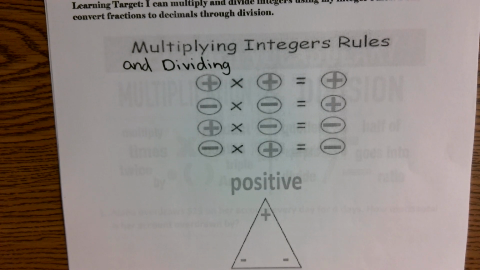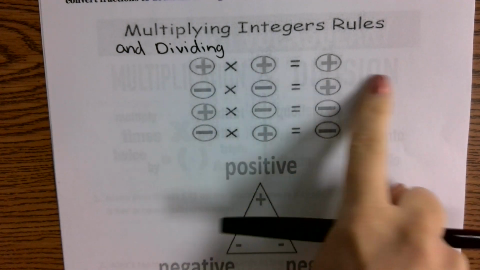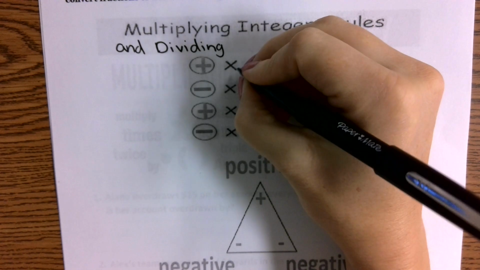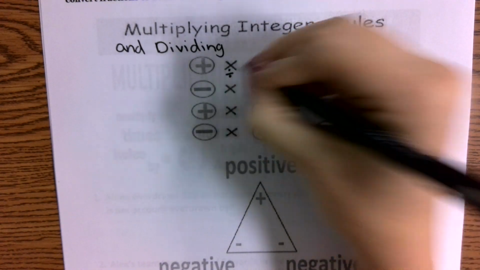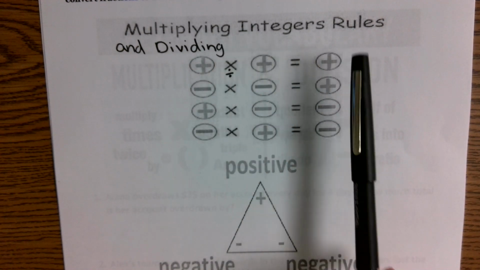Multiplying and dividing integer rules. So there's two different things that you can utilize when you are doing your multiplication and division. Okay, so you can just memorize the rule that if you've got a positive and you are multiplying or dividing by another positive, we know it's a positive.